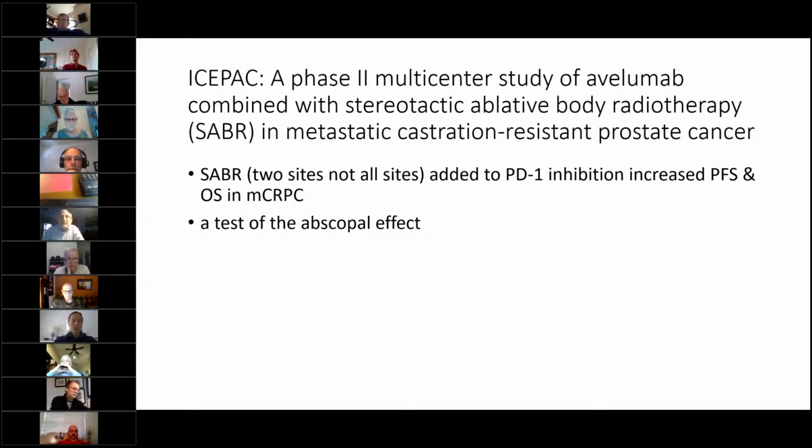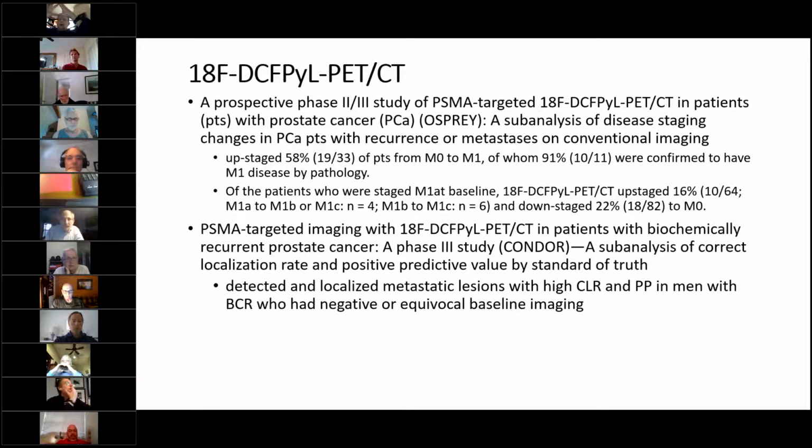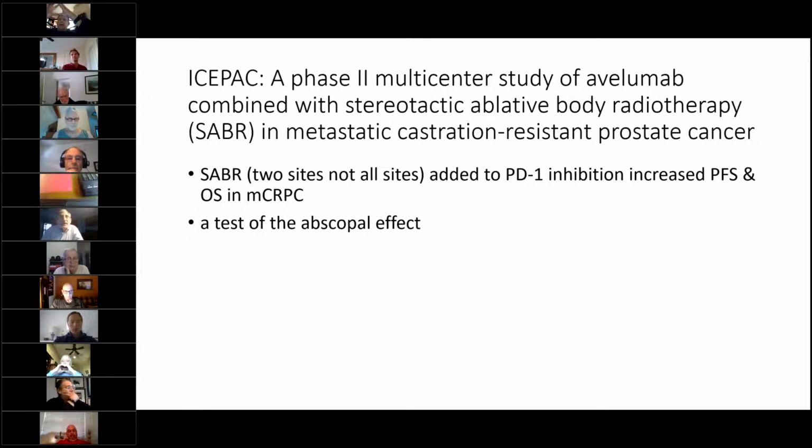Right. And was the difference significant? I think it was, or else I wouldn't have put it on this slide. Okay. Although, can someone quickly define abscopal effect?